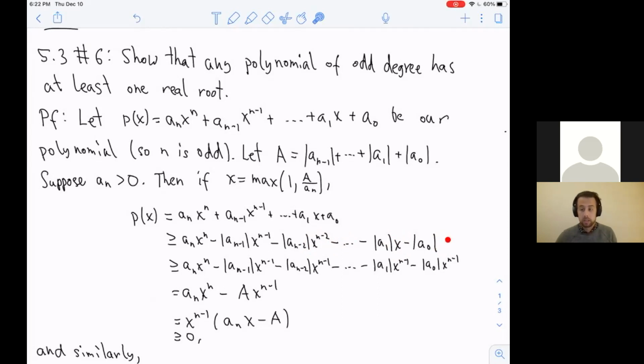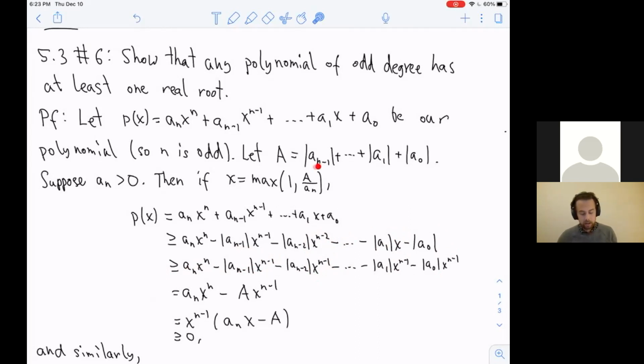All I'm doing is making all of these terms larger. And since we're subtracting them, we're making the overall thing smaller. So that's why we've made this smaller. But the key point here is these all have a factor of x^{n-1}. And this is how I figured out what this capital A should be.